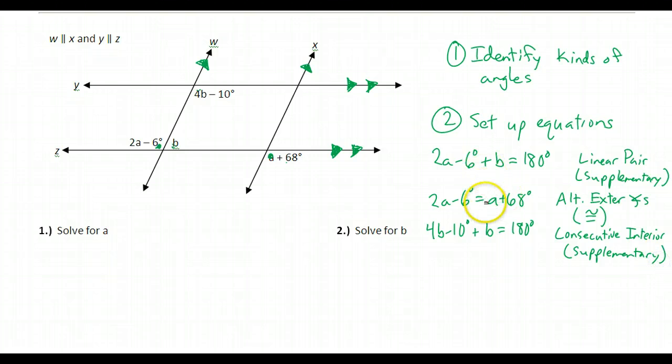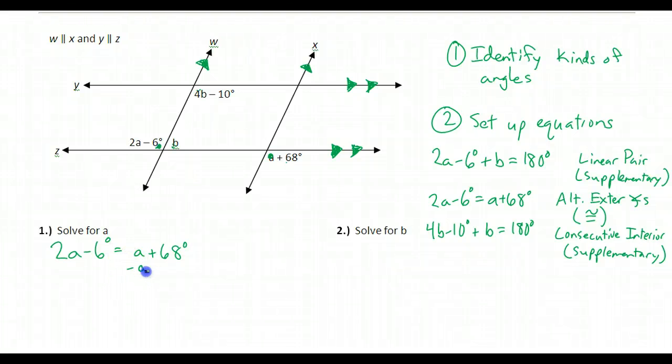So I have three different equations to choose from. And I want to pick one that solves for A. If I look at my first equation, I have an A and a B. Well, no matter what I do, I'm going to always have an A and a B. So instead, I'm going to go to the equation that only has A in it. So I'm going to start with 2a minus 6 and set it equal to a plus 68.